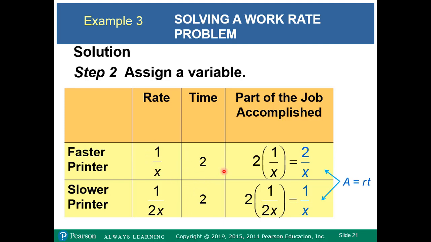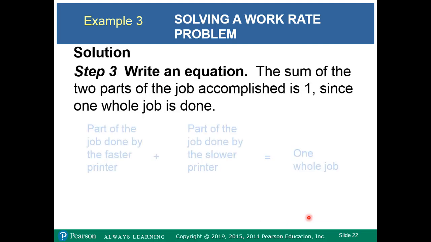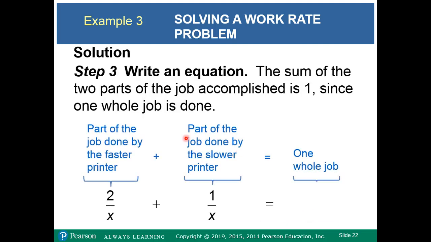So this is the proportion of the job that was done in 2 hours by the faster printer, and this is the proportion done by the slower printer. We add those up, and this plus this must equal 1. You got one whole job done, whatever that job is.